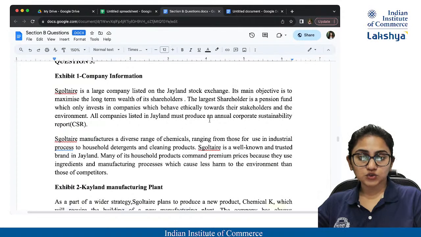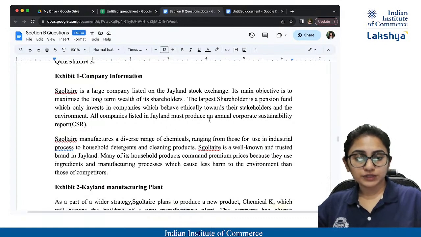Its main objective is to maximize the long-term wealth of its shareholders. The largest shareholder is a pension fund which only invests in companies which behave ethically towards their stakeholders and the environment. All companies listed in J-land must produce an annual corporate sustainability report (CSR).